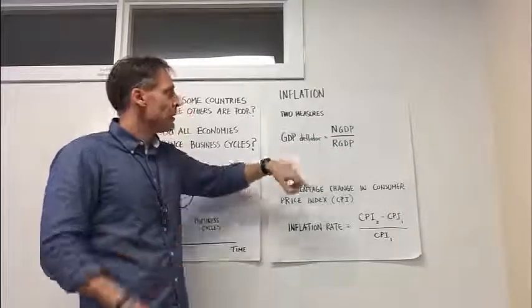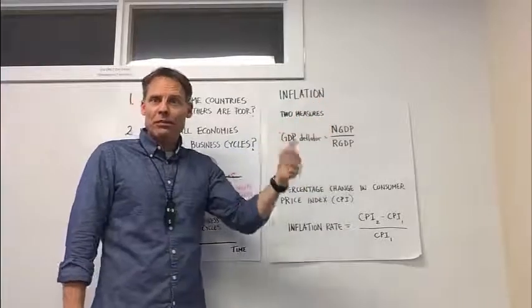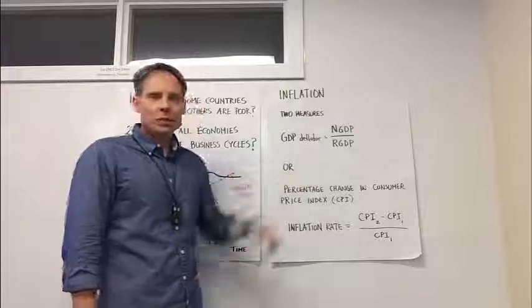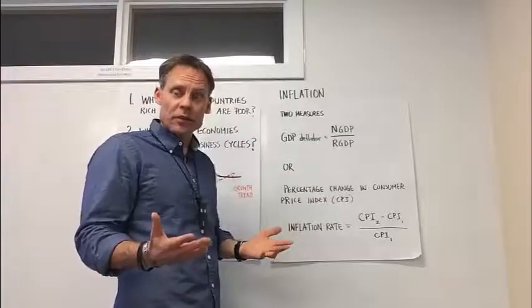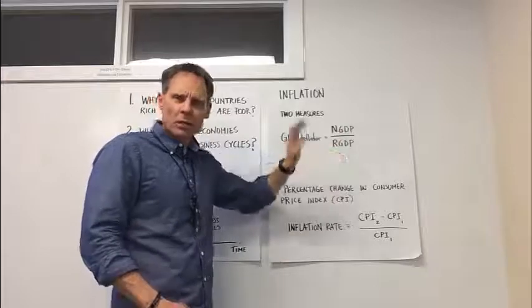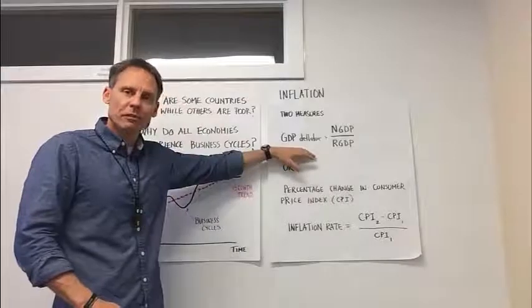And what we have here then is that nominal GDP takes into account both the prices and the quantities. Real GDP keeps the prices constant and just looks at the quantities changing. So the ratio will then focus on only the price change. So this would be a measure of inflation.